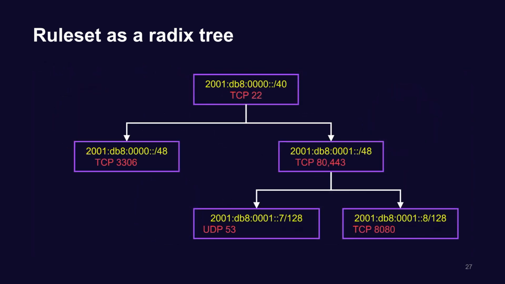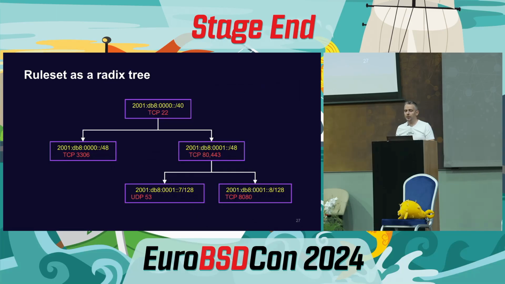example. This is a small rule set comprising five firewall rules. And we can load it into the Radix tree, the normal structure for prefixes. But if we do it the way we used to do, there's a problem.